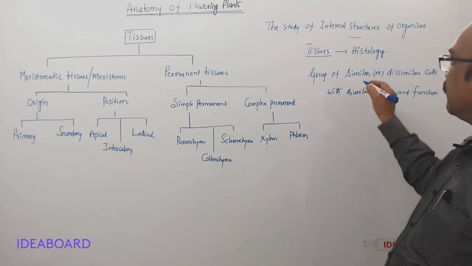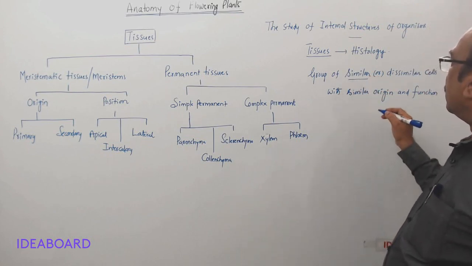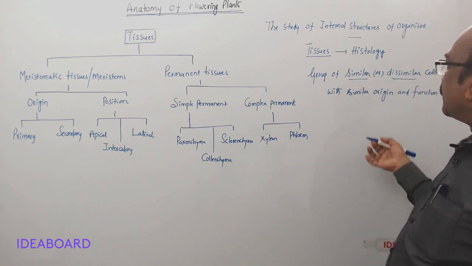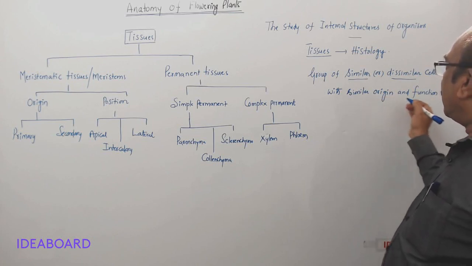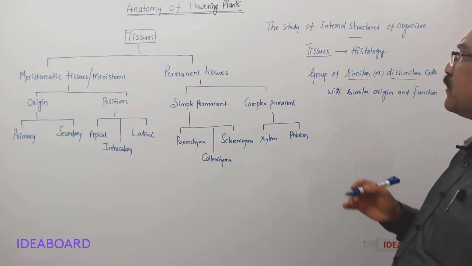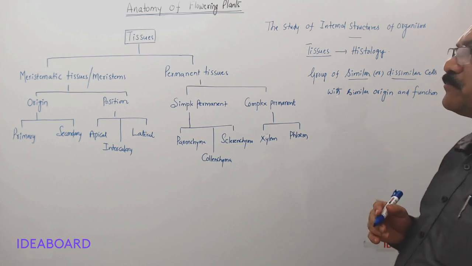I hope you are understanding. They may be similar in structure or dissimilar in structure, but the origin will be the same and the function is also the same. So that is what a tissue is.